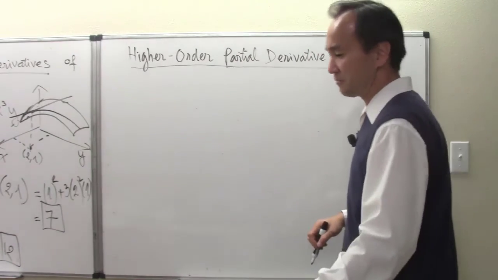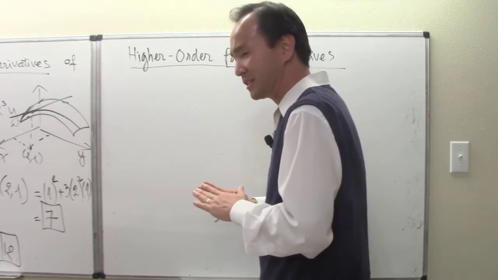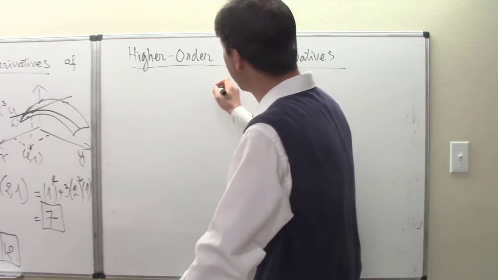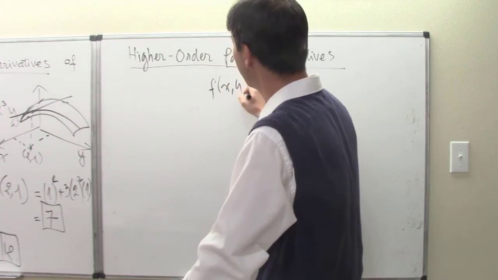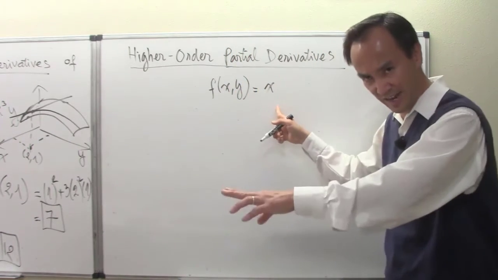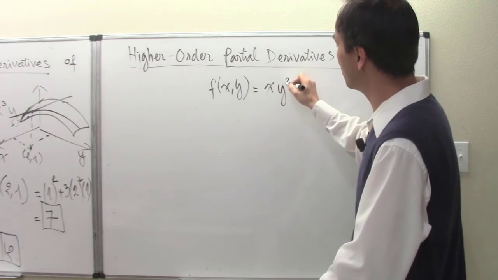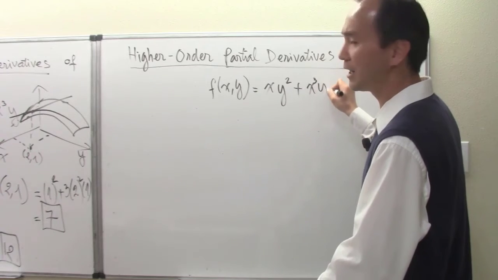Allow me to give the instruction based right on that example we've had earlier. f of x comma y was given, and I'm using again that exact same demonstration example: xy squared plus x cubed y.